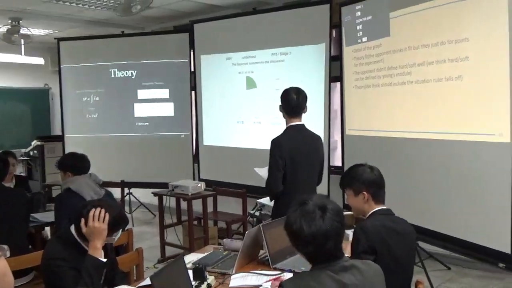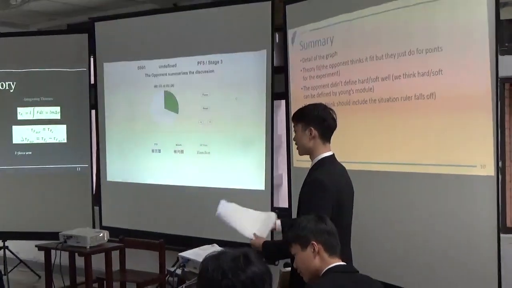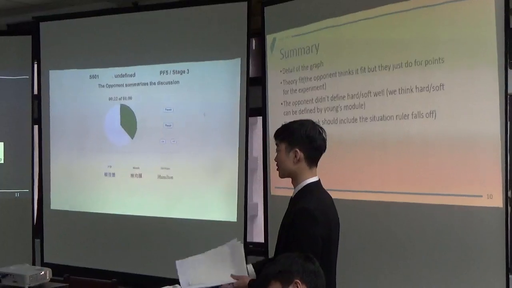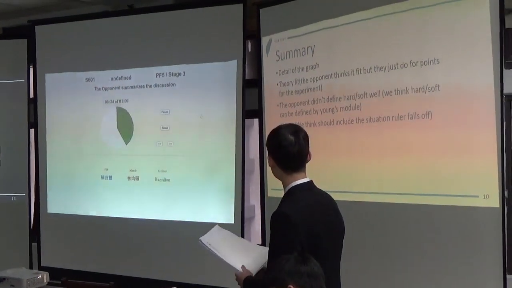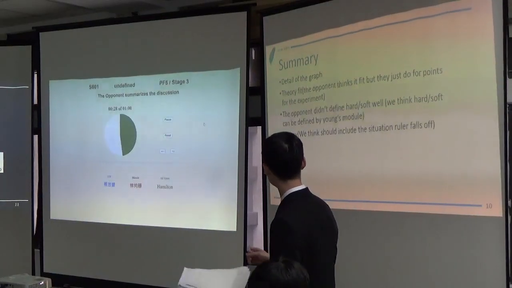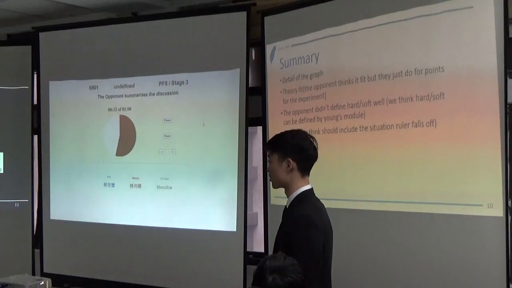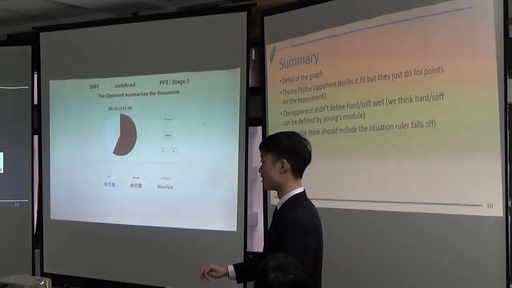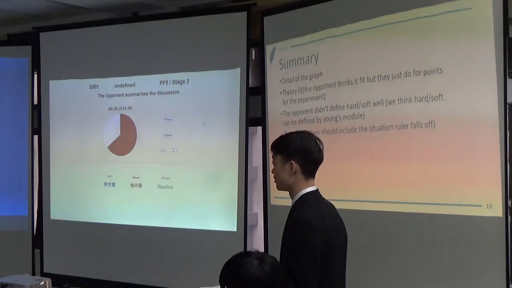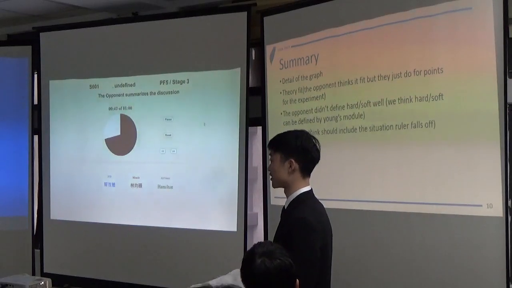So for the summary of the discussion, we asked about the details of the graph, and the reporter explained according to the graph. As for the theory fit, the reporter thinks that the data points do fit the theory they're citing, but we don't think the data points are enough for fitting.